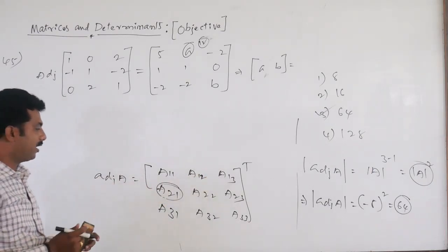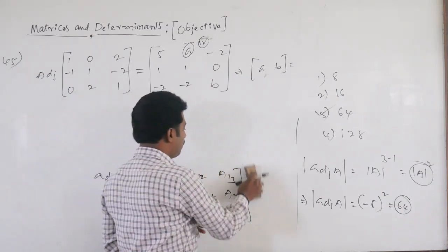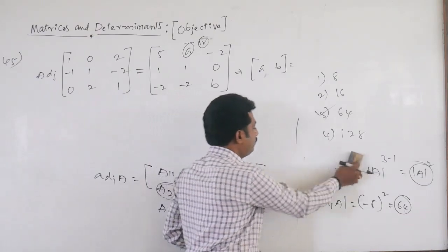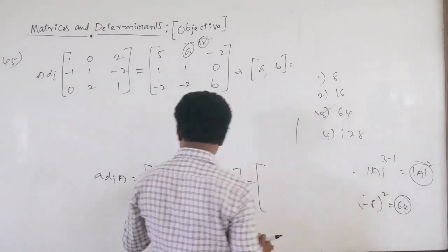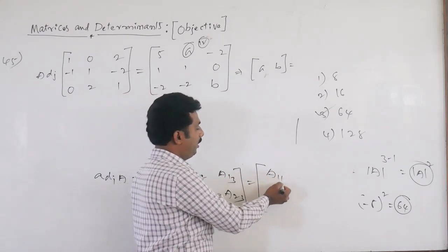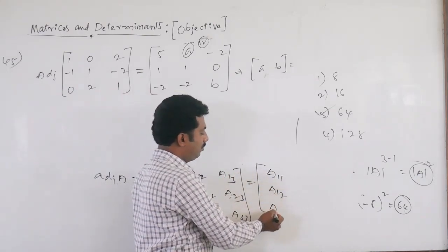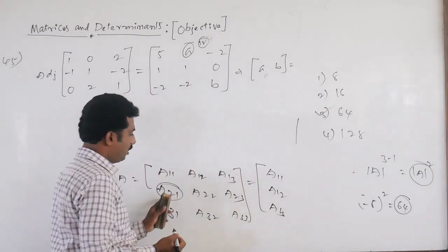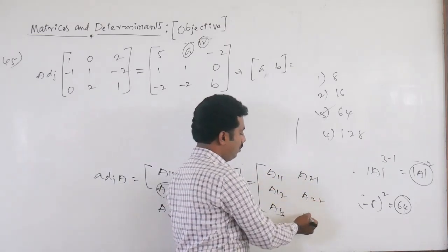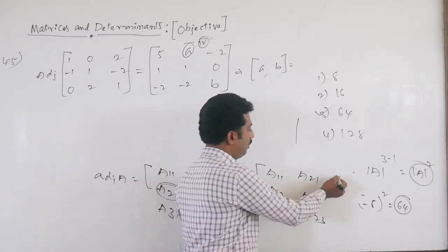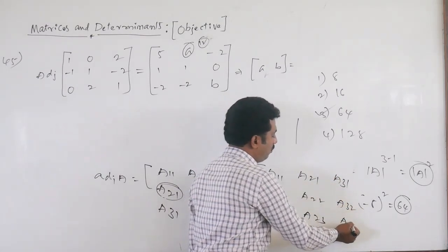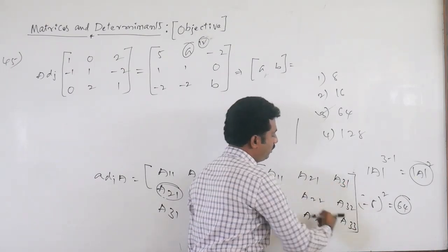If you take its transpose, finally what we have to calculate is A11, A12, A13, A21, A22, A23, A31, A32, A33.